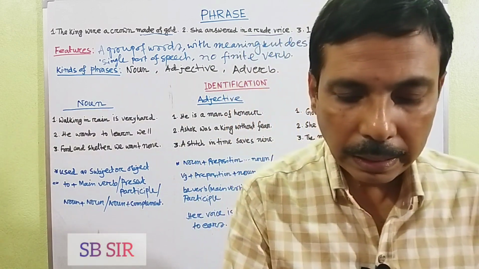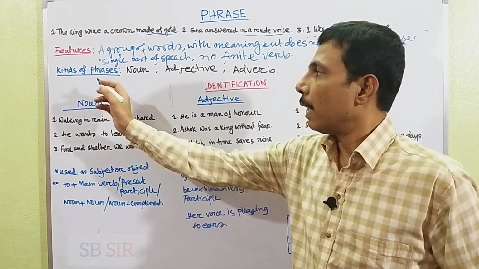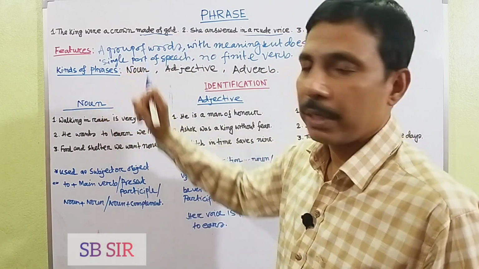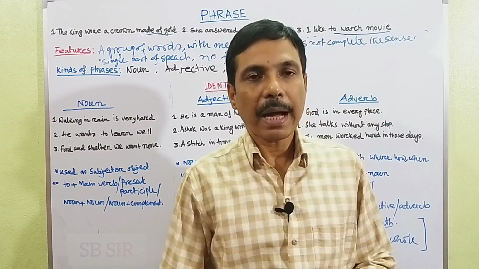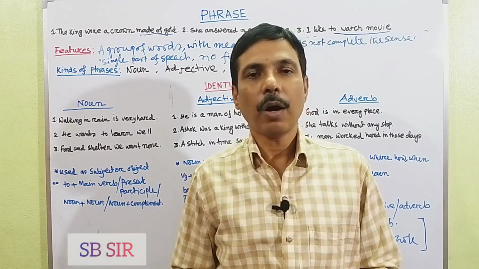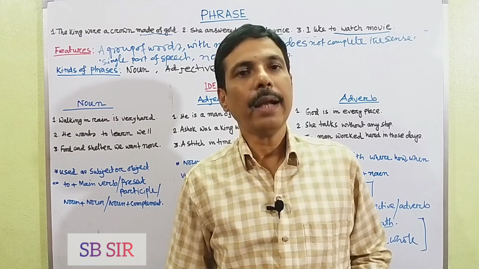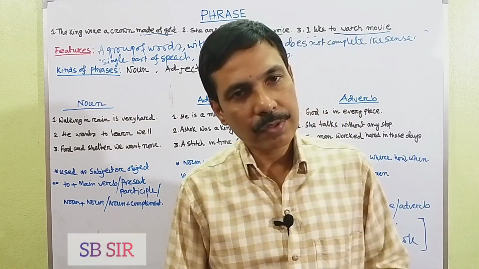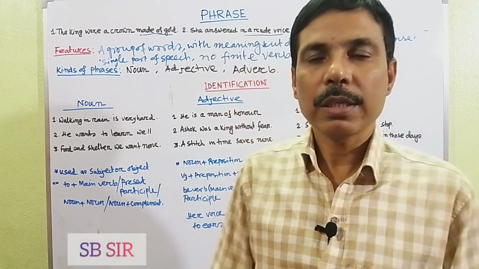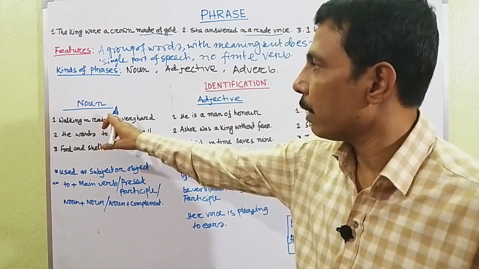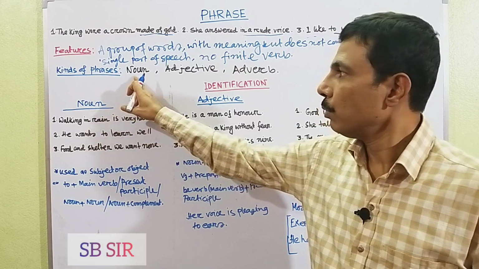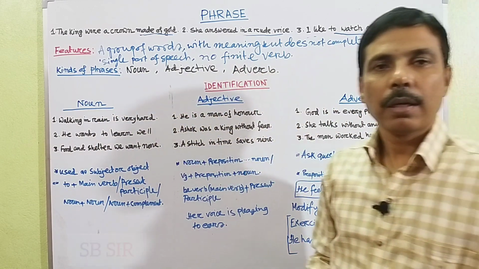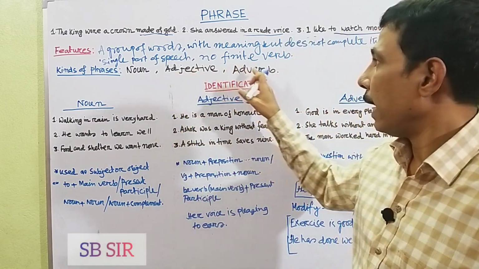Now we can concentrate on the kinds of phrases. There are some kinds of phrases. Number 1, noun phrase, adjective phrase and adverb phrase. There are also some examples of prepositional phrase. Today we discuss only 3 types of phrase: 1, noun, 2, adjective and 3, adverb phrase.